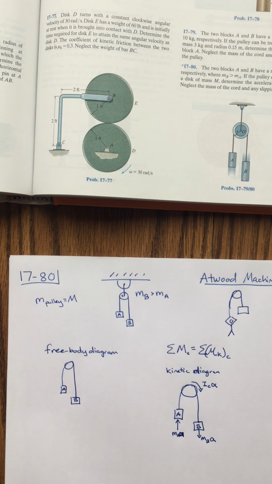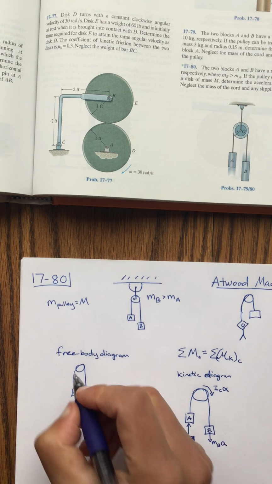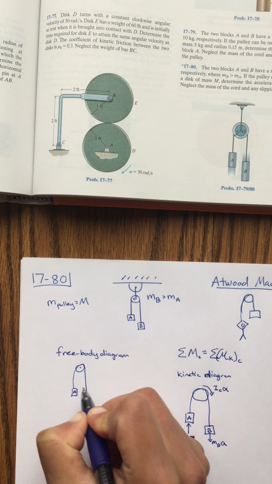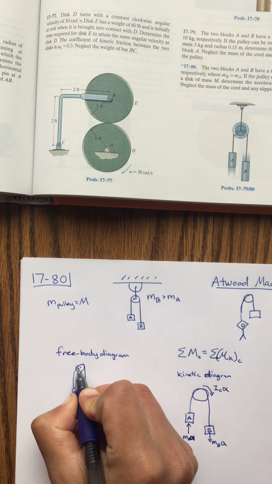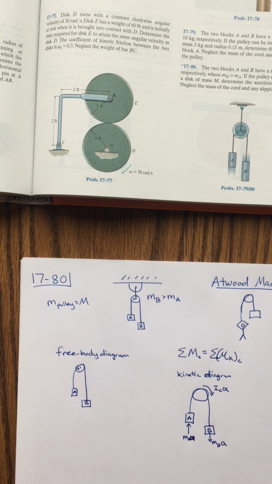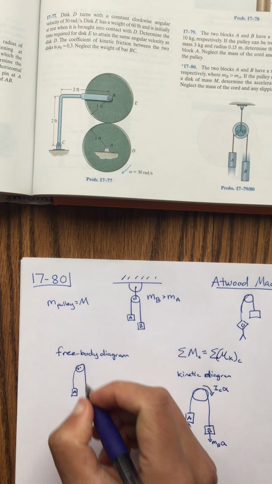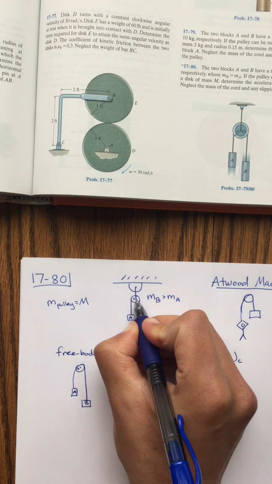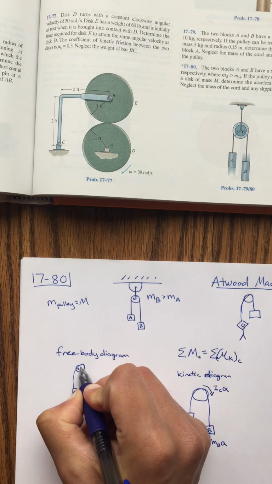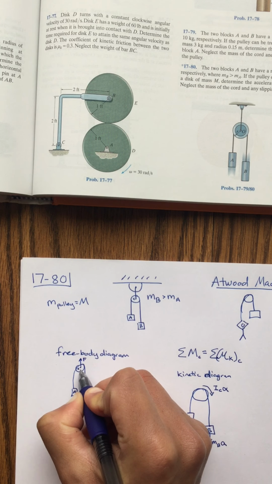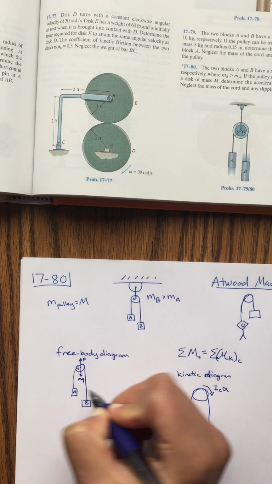Now I'm going to draw my free body diagram. Since I'm summing up the moments about point C, the forces which are acting on point C are not going to contribute to the sum of the moments of the external forces because they're acting right at point C, but I can draw them anyway. So I have this string which is attached to the pulley here that exerts a force upwards, and I have the force of gravity going downwards.